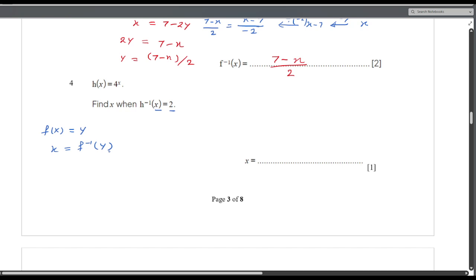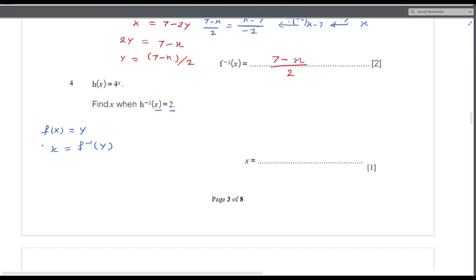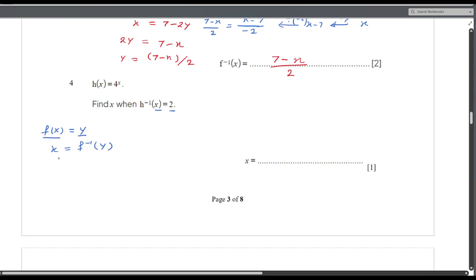What you understand is that if f(x) is y, then x is f inverse y. Or you can say that if f inverse y is x, then y is equal to f(x).